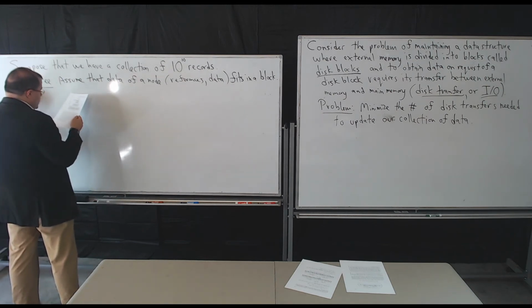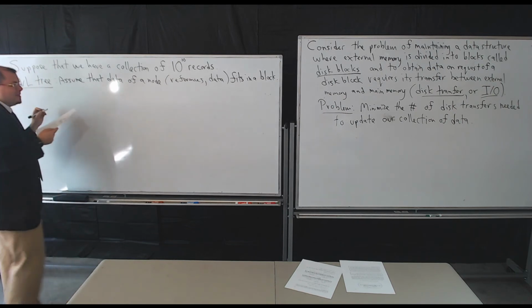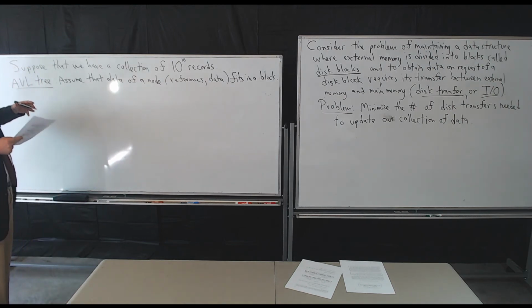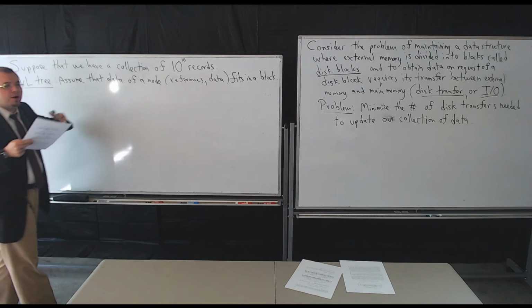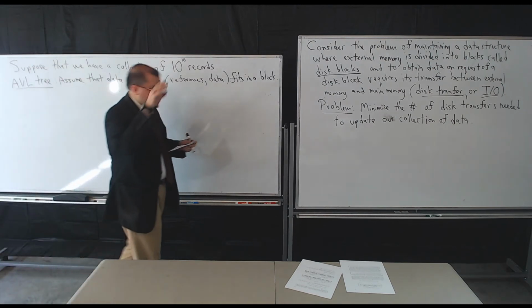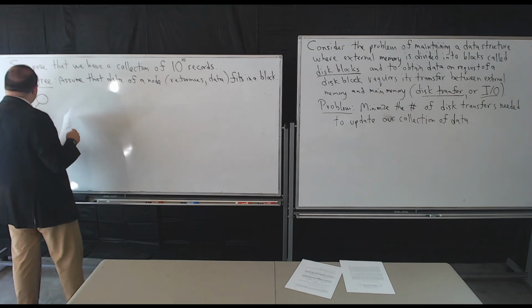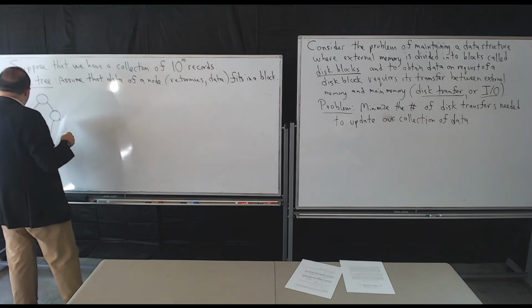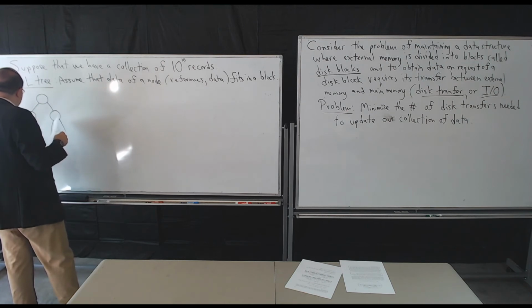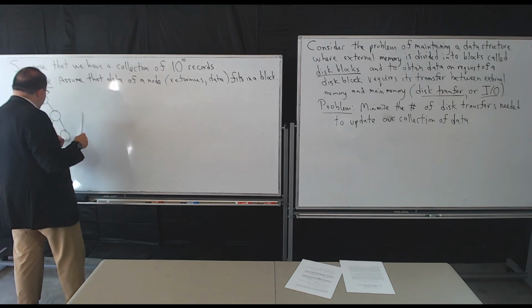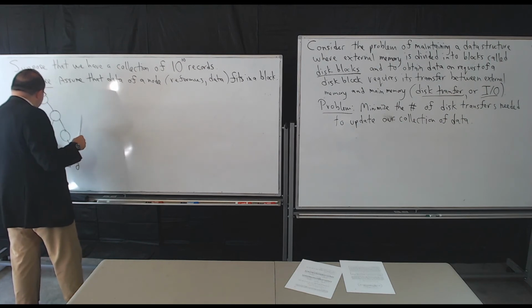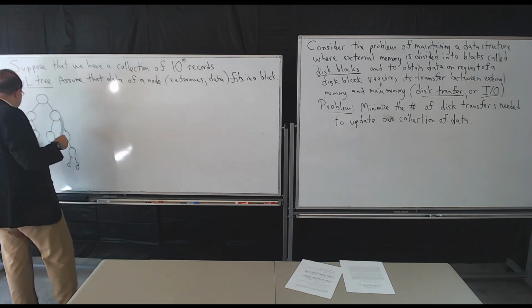So, what do we do? Well, let's think about it. Each time I request a part of the tree, where do I start? Let me draw out a picture. Imagine I have an AVL tree. I don't know exactly what it looks like, but it might look something like this.